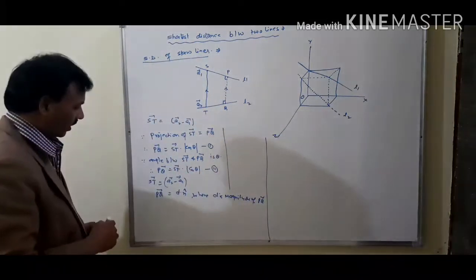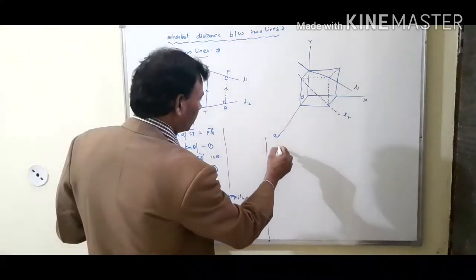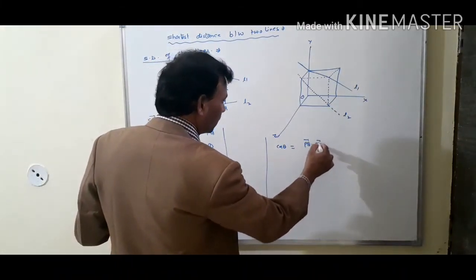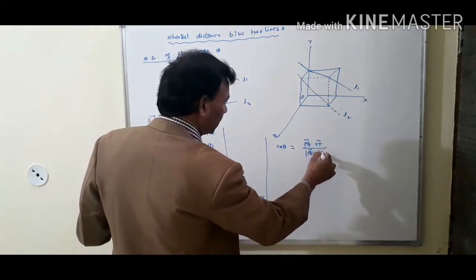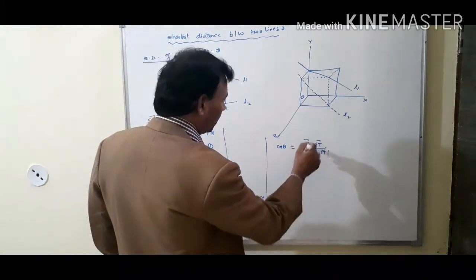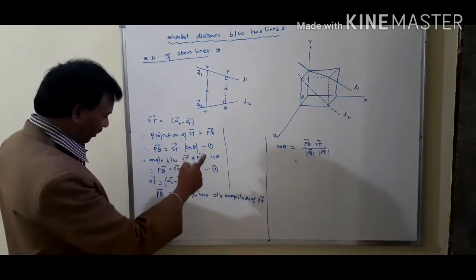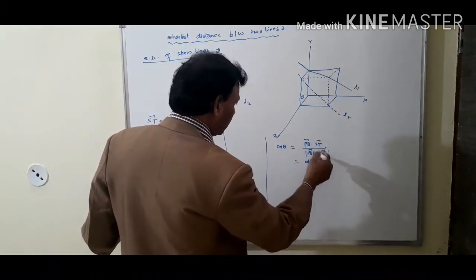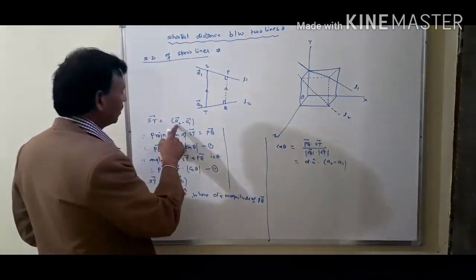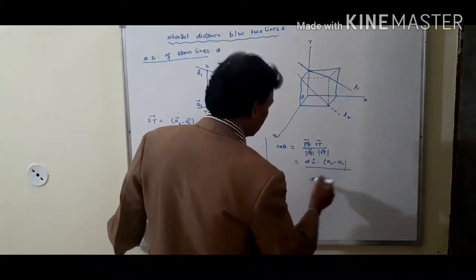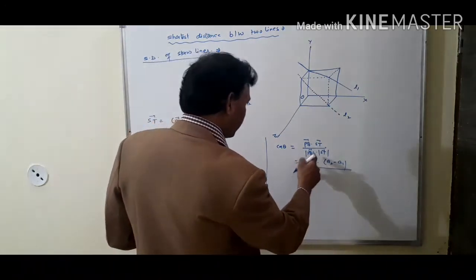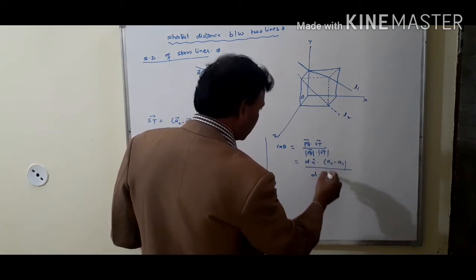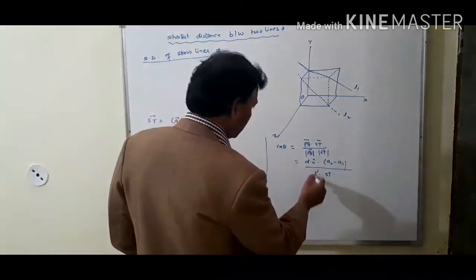Now cos of theta equals PQ dot ST upon magnitude of PQ into magnitude of ST. PQ equals D into N cap, and ST equals A2 minus A1, whole upon magnitude of PQ, which is D, into magnitude of ST. Now D and D will be cancelled.